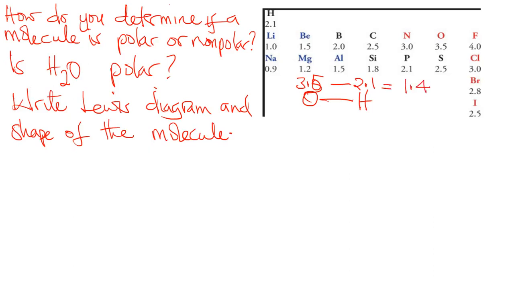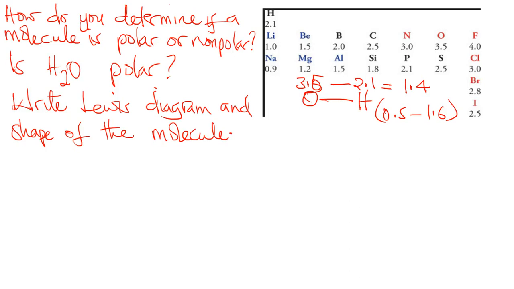And 1.4 is between 0.5 and 1.6, which means it is within the polarity range. So the chemical bond itself, O-H, is polar. But we are talking about the whole molecule. Is the whole molecule polar? So the first thing you do is determine if the chemical bonds in that molecule are polar, and then write a Lewis diagram of it.